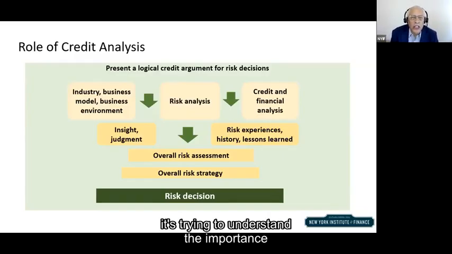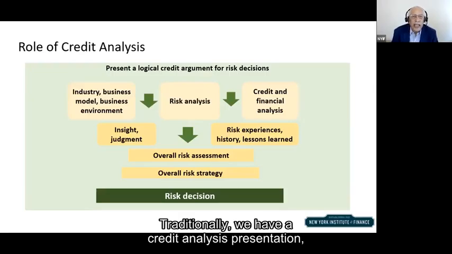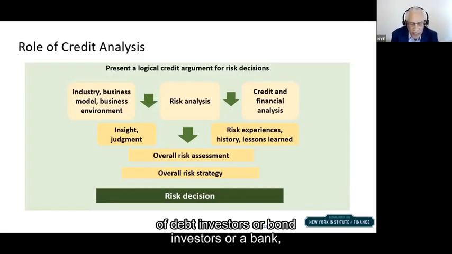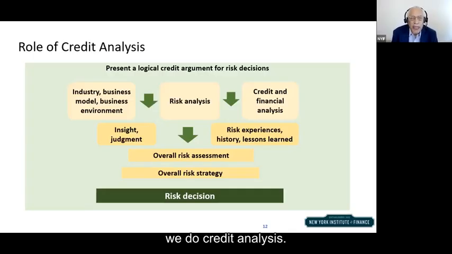It's trying to understand the importance of doing analysis when we have credit risk. And so traditionally, we have a credit analysis presentation, whether we're talking about a group of debt investors, or bond investors, or a bank. We do credit analysis, and that's really financial analysis along with other factors.